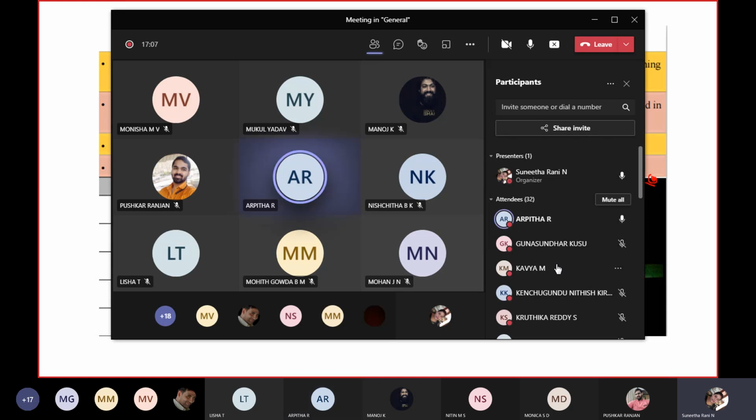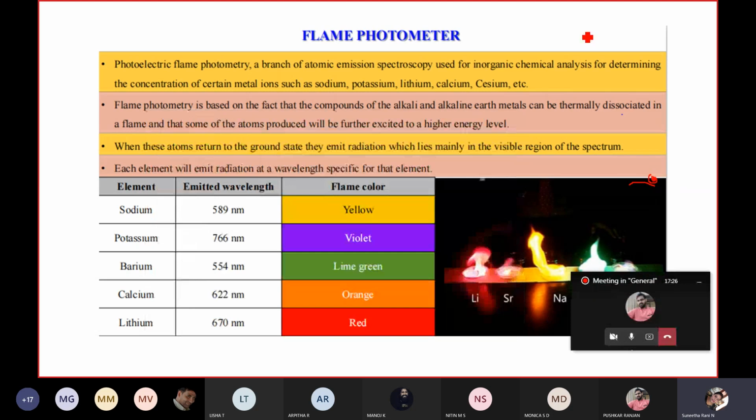Yes, ma'am. What I'm asking is, you have done that experiment or not? Any compound you have taken in the spatula and added HCl, and if you keep it in the flame, it gives different color, correct?